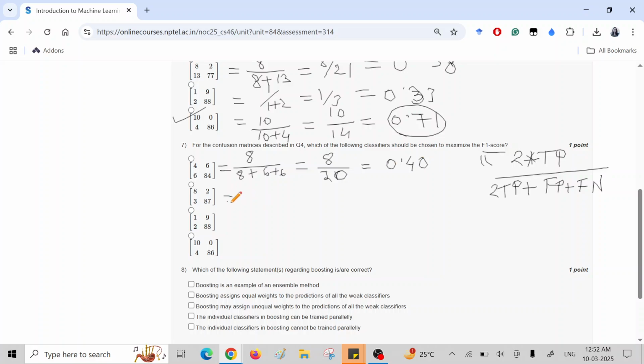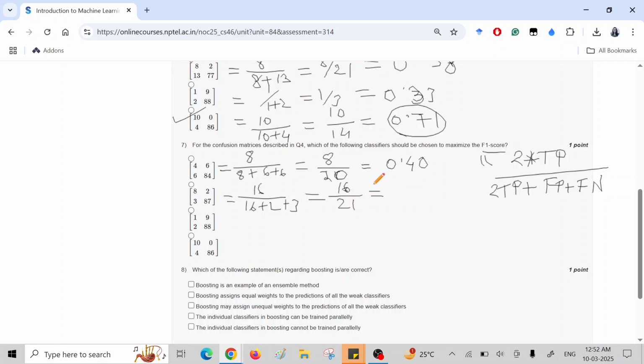Then for the second one, twice of TP, that means 8 into 2, that is 16, then 16 plus 2 plus 3, which is 5, so 21. 16 upon 21 is a much bigger value.